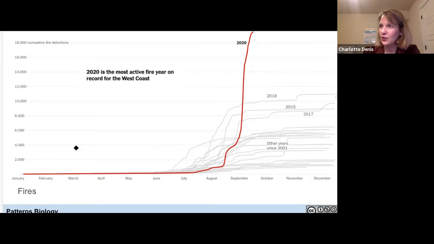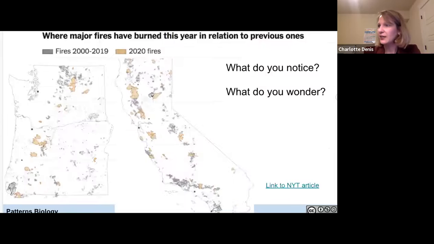This actually came from the New York Times, which did some really excellent coverage of the fires in the West last summer. Several of these fire-related images come from the New York Times. Pretty dramatic graph right there. This is just numbers of fires or fire detections. Here is a map, again from the New York Times, that shows an area within Washington, Oregon, and California.